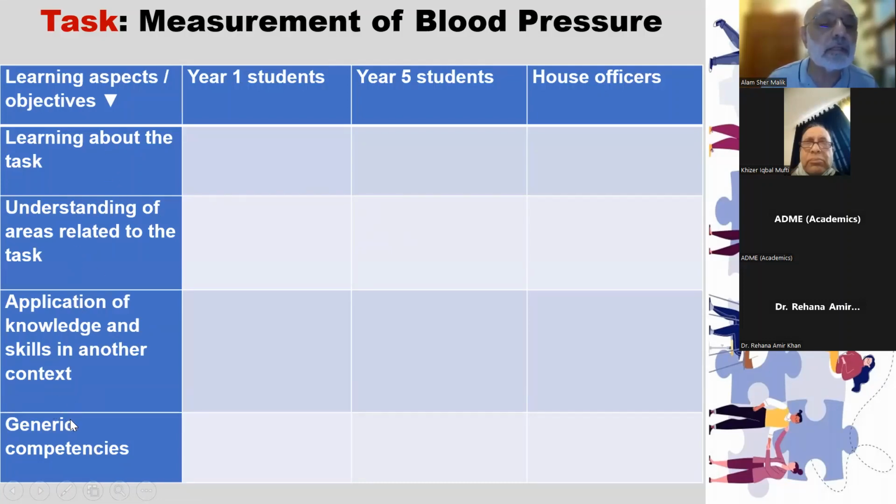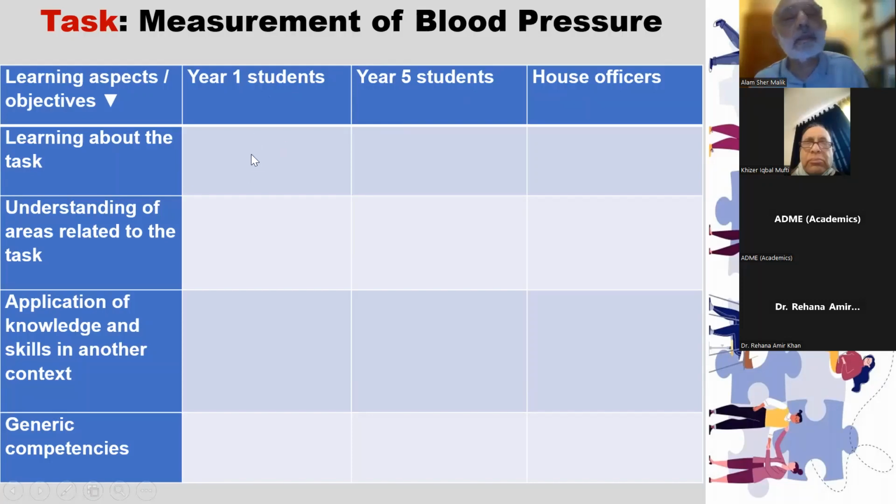So these are the four areas which a student needs to learn about a task, which is measurement of blood pressure. Now we have three levels of students: year 1 student, year 5 student, and house officer. So let's say we are learning about the task. The task is blood pressure.